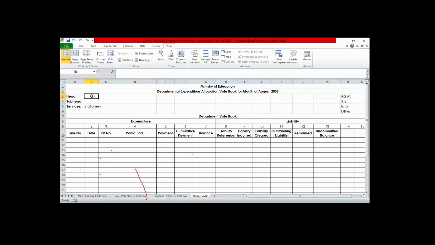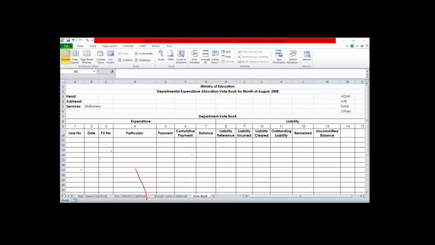You were given in the question, check. Ministry of Education. For Ministry of Education, there is a particular figure that will be given to you as head of that stationery. Expenditure of that stationery must have a particular head. DVEA book. EA is departmental vote allocation, expenditure allocation book.